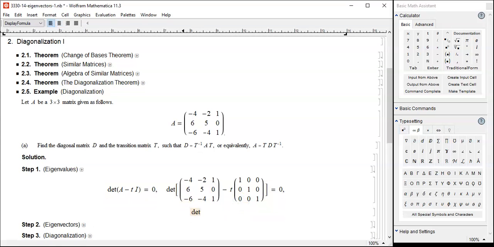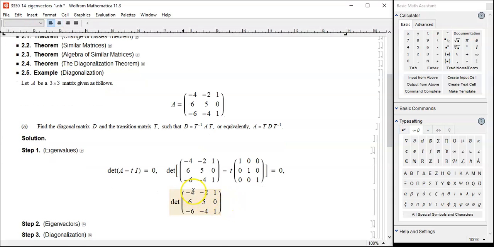Determinant of, now I'm going to go to that thing, exactly the same thing except minus t in principal diagonal, minus t, and then minus t. That's it, isn't it?